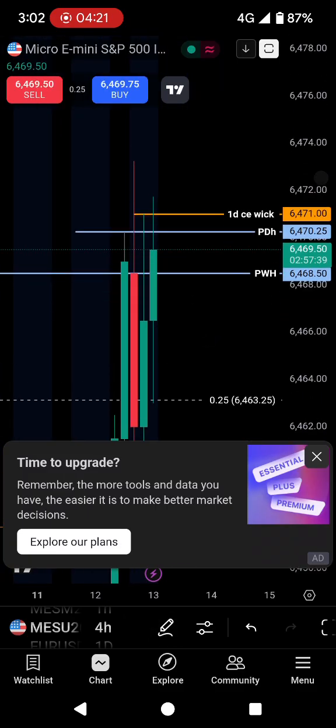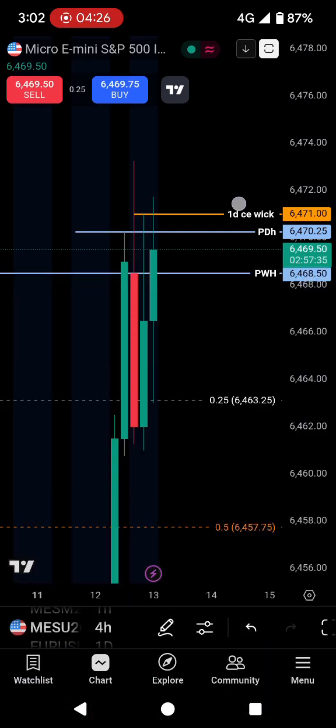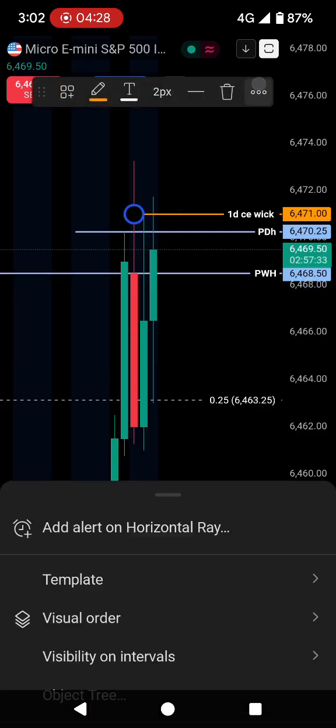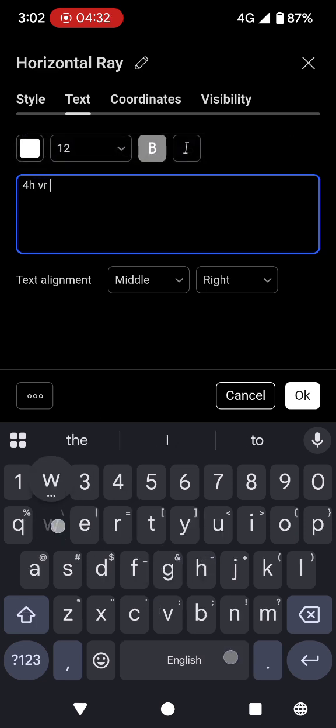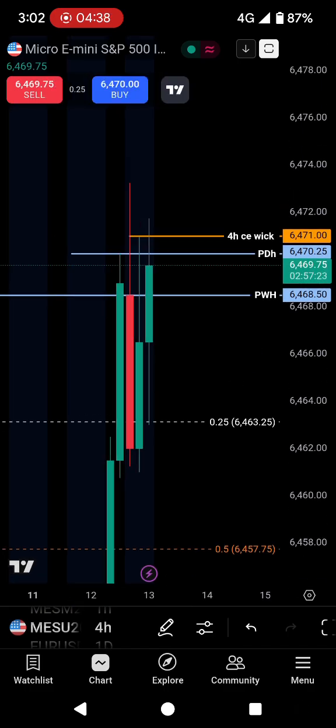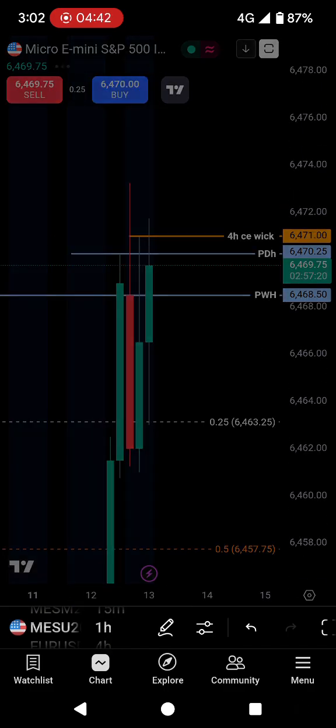Okay, so just pop this daily CE week and sorry, not daily, this is 4 hour. Right? So yeah, you can see I'm doing it on my phone, but at the same time I'm trying to grasp where is the high time frame, what is the high time frame charts doing, because that's the most important one.